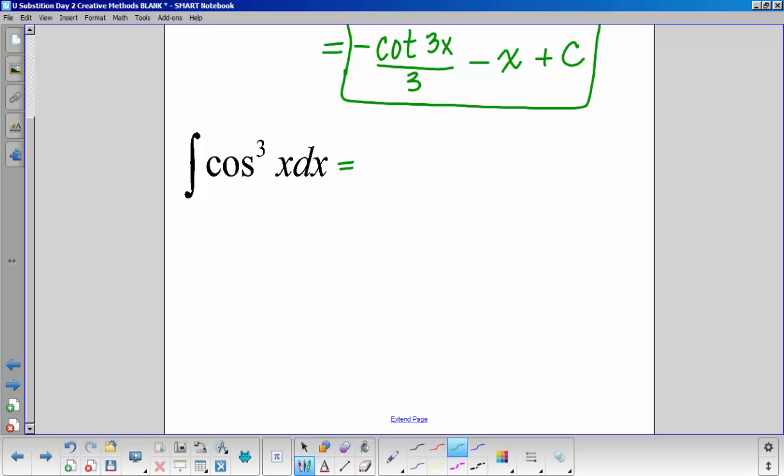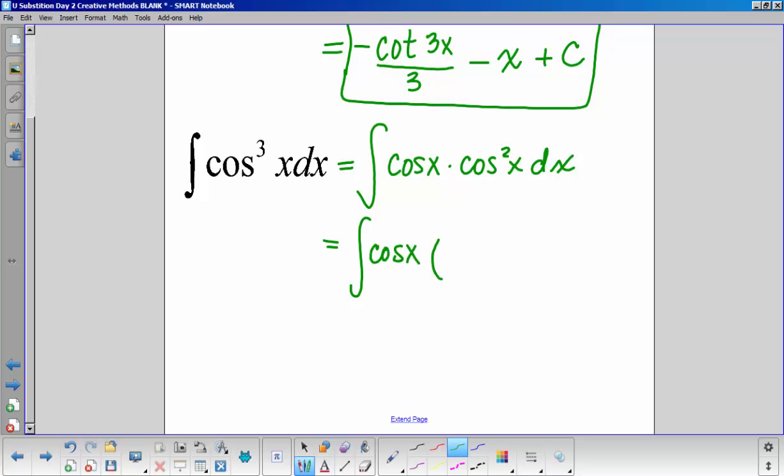You could rewrite this as the integral of cosine x times cosine squared x dx. Is there a way to get a sine in there now? That's right. We can say that this is cosine x times 1 minus sine squared x dx.